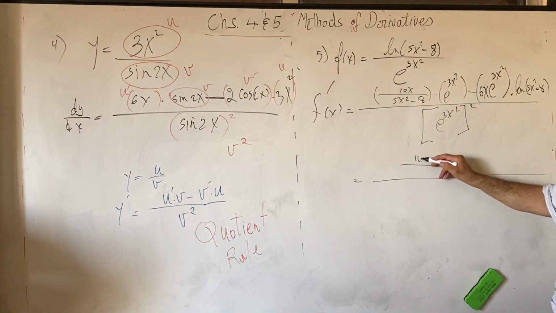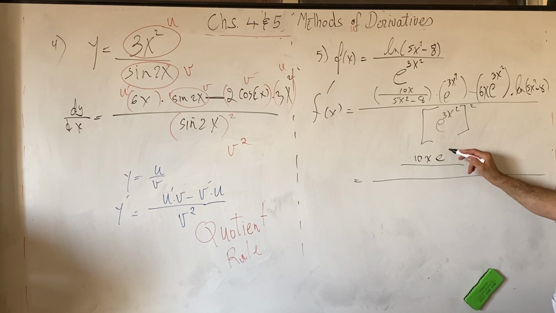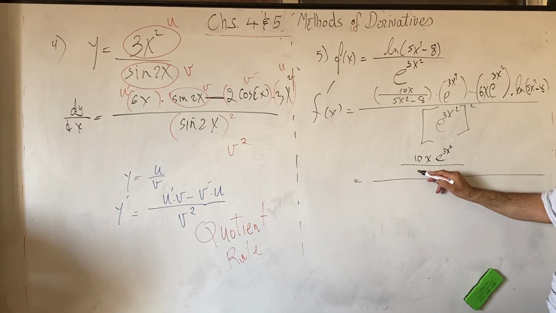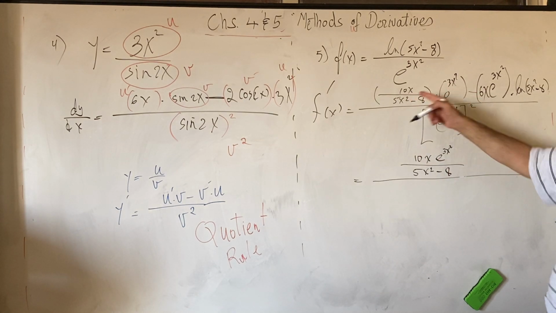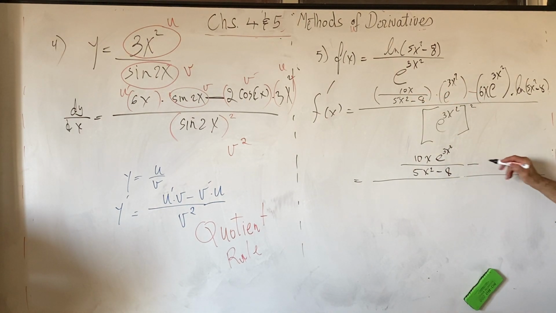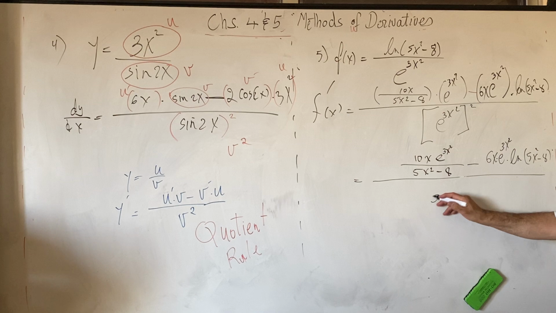I can write it 10x e^(3x²) divided by, that's for this, minus 6x e^(3x²) ln. If you wish to put a dot, I don't mind. But the game is here. This is the click. What is e to the power 3x squared?